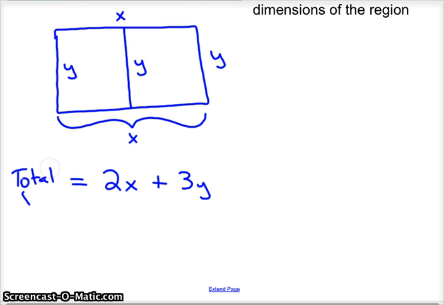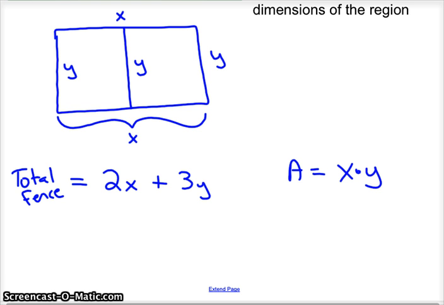So I'll put total fence here in case some mathematician freaks out at my poor use of the word perimeter. Then area: the formula for the area of any rectangle is X times Y, length times width. That's kind of all we need.